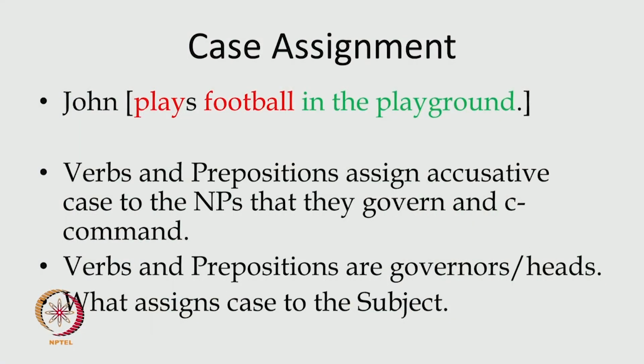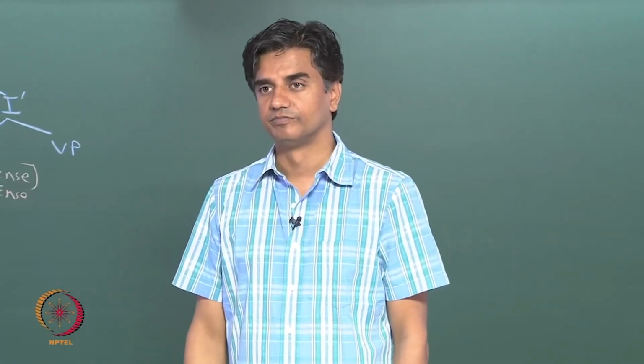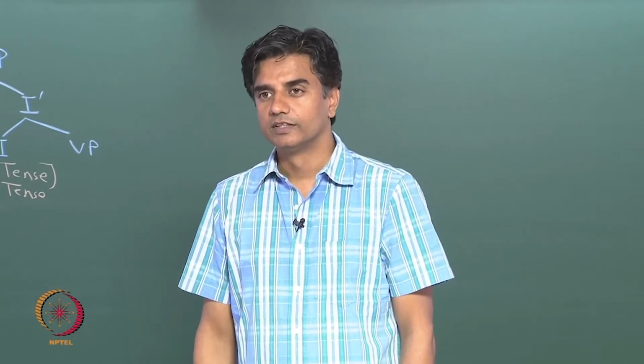Now, here is how it works, and I'll show you structurally also. So we have a sentence. John plays football in the playground. Okay. The assumptions that we have made so far is John, nominative case. What's in the objective case or accusative case? Football.